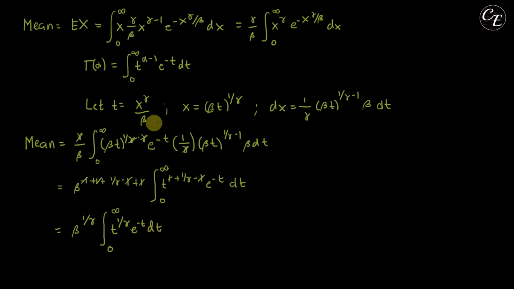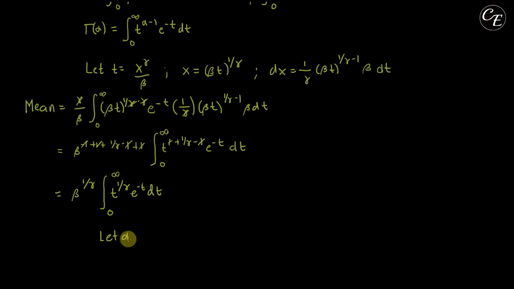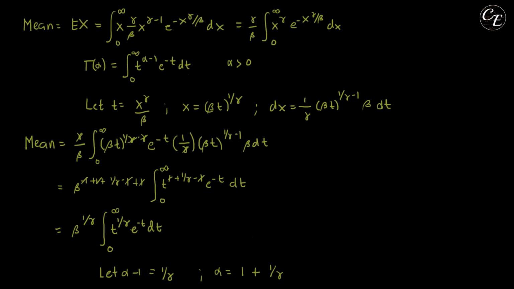Now, if we compare this one with our gamma function, they are still not the same because this is alpha minus 1 while this one is 1 over gamma. So let alpha minus 1 be equal to 1 over gamma. Then from here, alpha is equal to 1 plus 1 over gamma. In here, alpha should be greater than 0. Since gamma is greater than 0, alpha is greater than 1, or greater than 0. So this one is satisfied, and it's okay to have this kind of transformation.